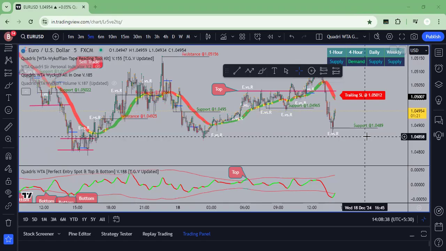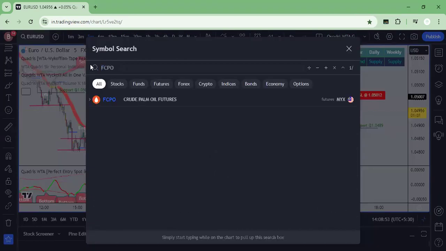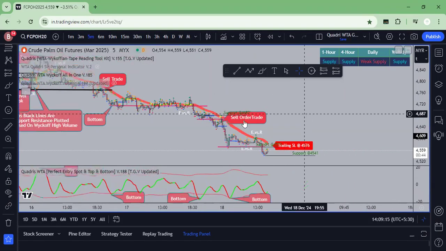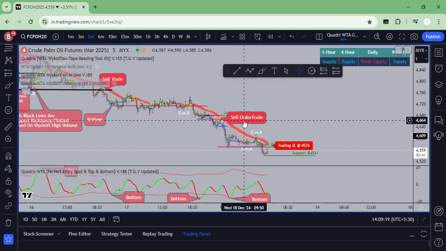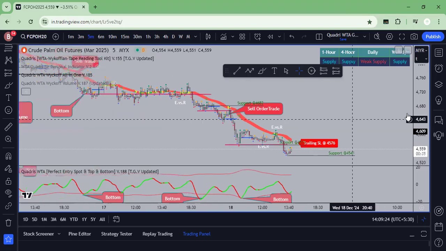Okay, I have planned FCPO also. After FCPO we would go for XAUSD, and then if anybody comes in, we would look at their particular requests. Like I already mentioned, it has been mentioned in this chart where the sell order and the buy order should be, and everything has been mentioned in that one.